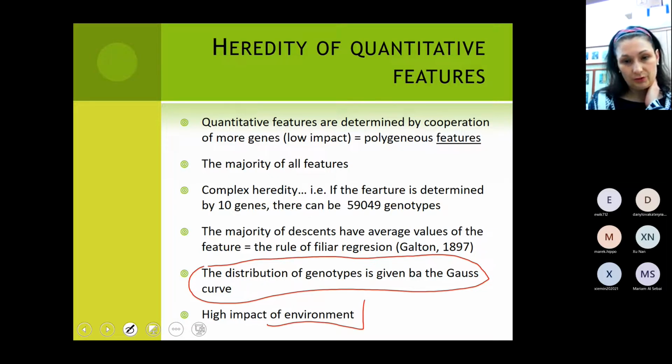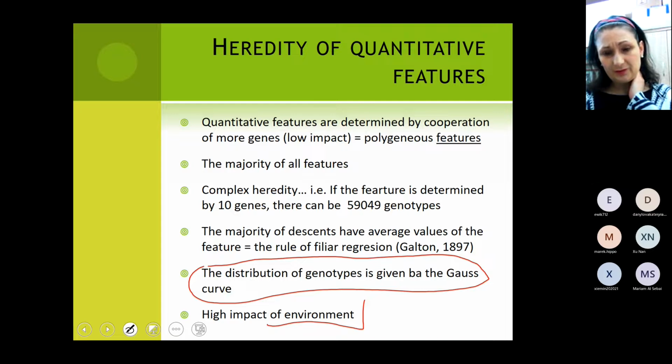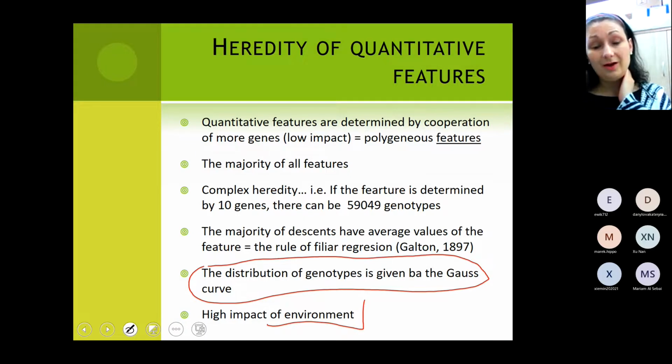However, there is one exception: the man's height, how tall we are. The effect of the environment is smaller. But for example, our weight really depends on the environment and more on our lifestyle. So just be careful with this categorization.